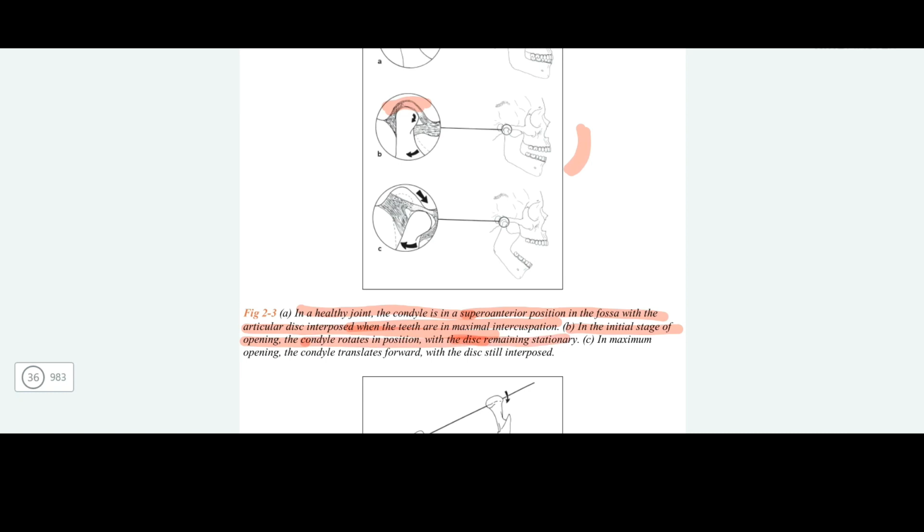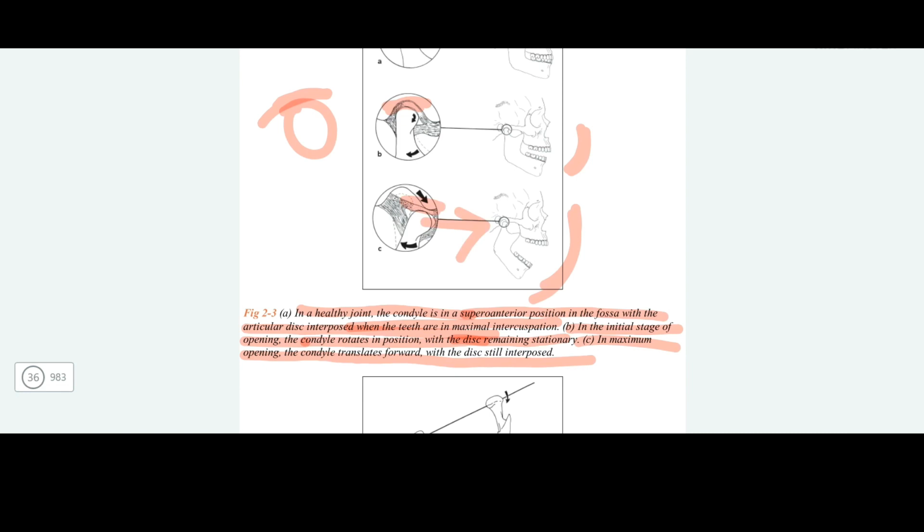Now the disc is still interposed. Okay, in the maximum opening, the condyle translates forward and the disc is still interposed.